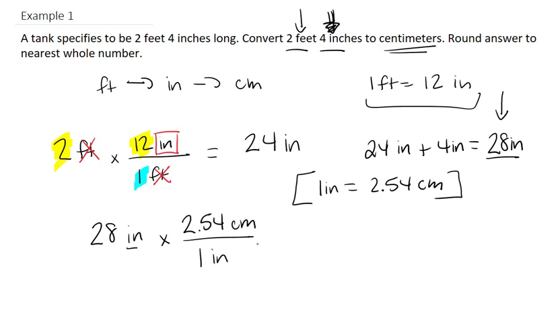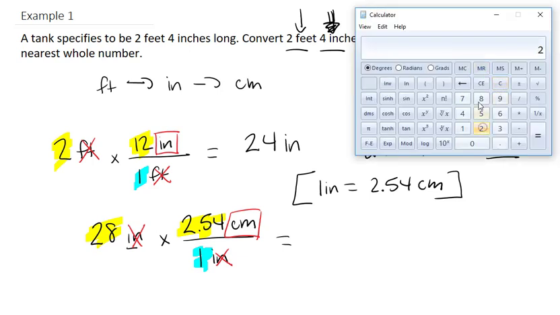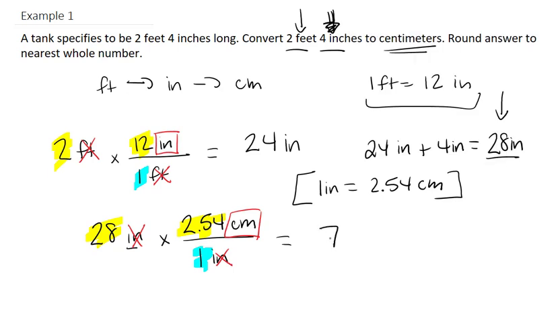Next, we can cross out inches and we're left with centimeters. Then we multiply what's on the top and divide by what's on the bottom. This time, as it's divided by 1, it's just going to be whatever is on the top. So we have 28 times 2.54, which is equal to 71.12. And this is centimeters.